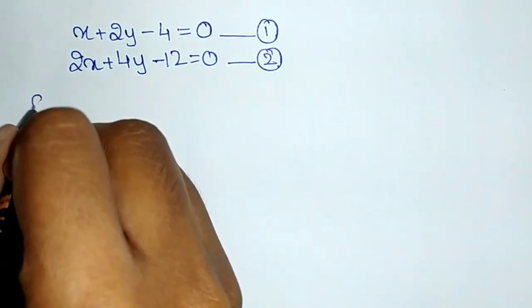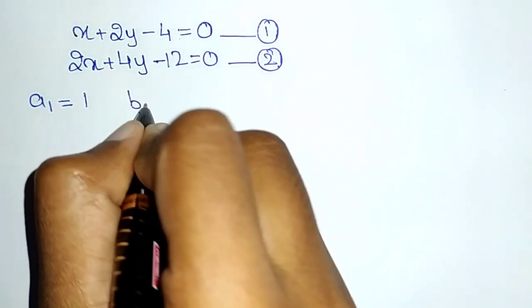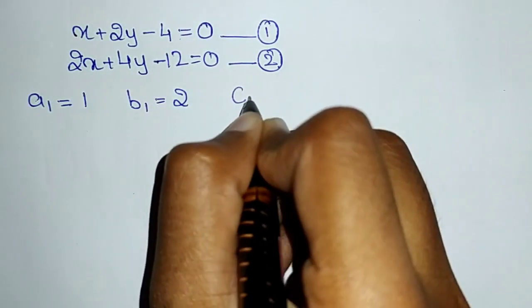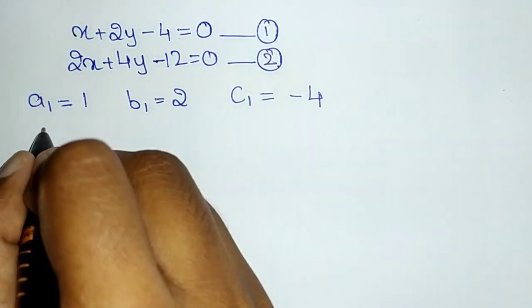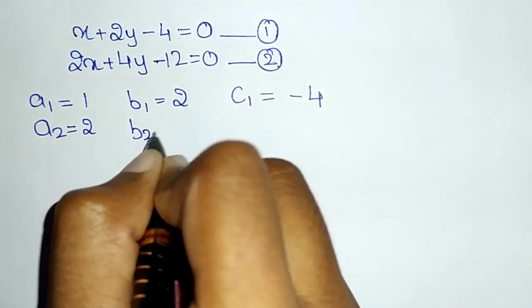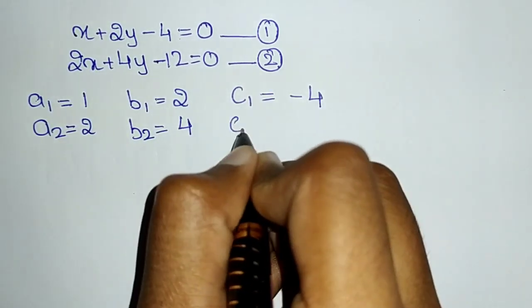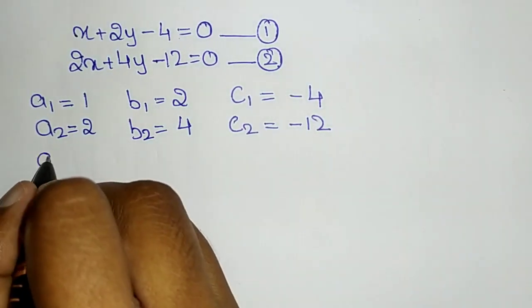So first let us write down the values of the coefficients. a1 is 1, b1 is equal to 2 and c1 is equal to minus 4. Similarly, a2 is equal to 2, b2 is equal to 4 and c2 is equal to minus 12.